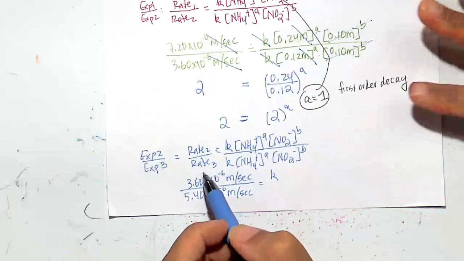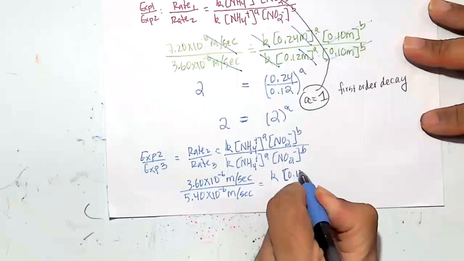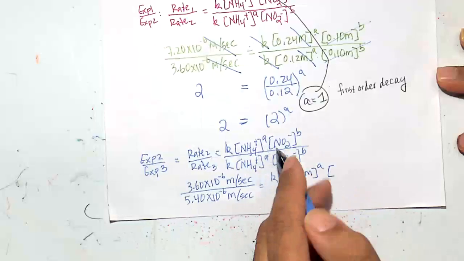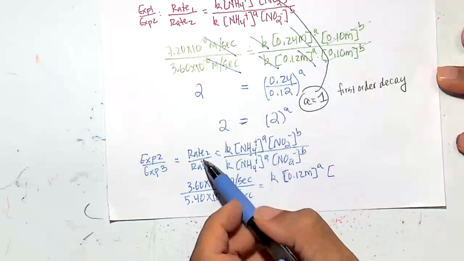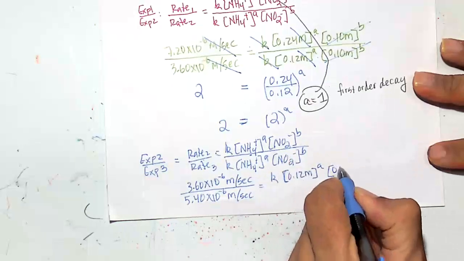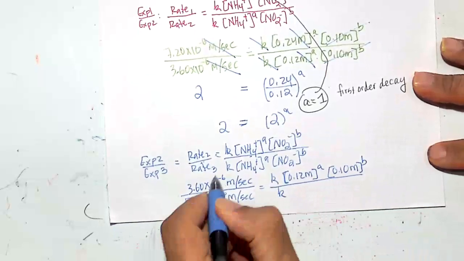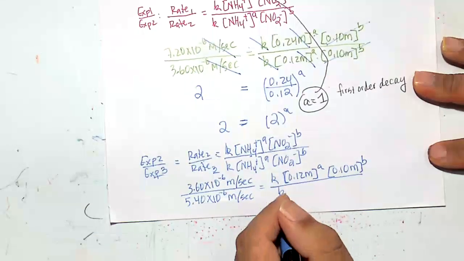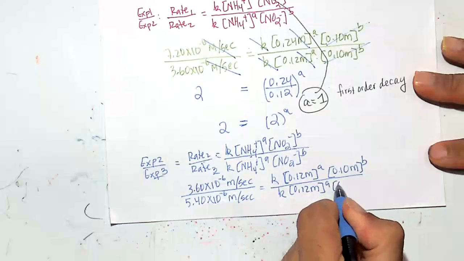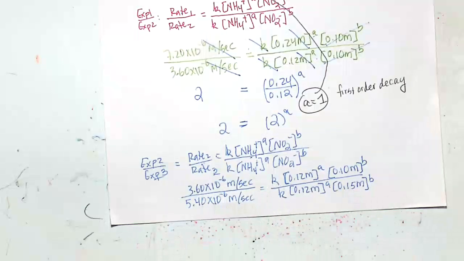NH4 positive for experiment 2 is 0.12 molar, raised to the power of A. We know A is 1. NO2 minus for experiment 2, looking at my table, is 0.10 molar raised to the power of B. And then we'll do the same thing for experiment 3, plugging those values in: 0.12 molar to the power of A, 0.15 molar to the power of B.